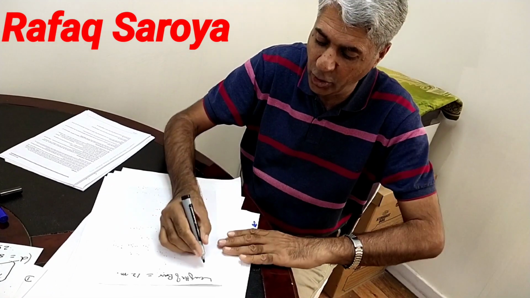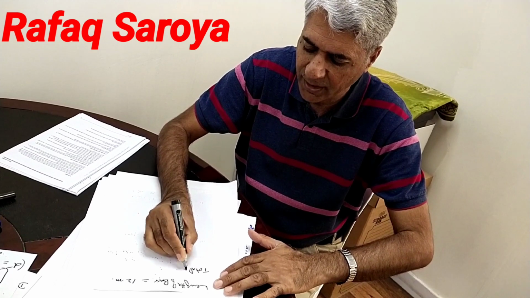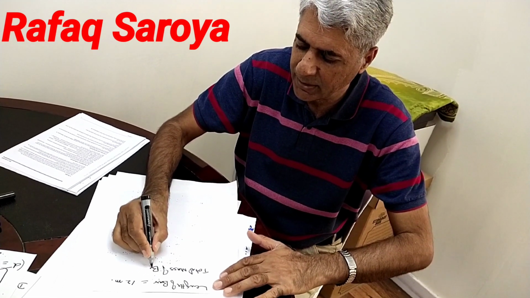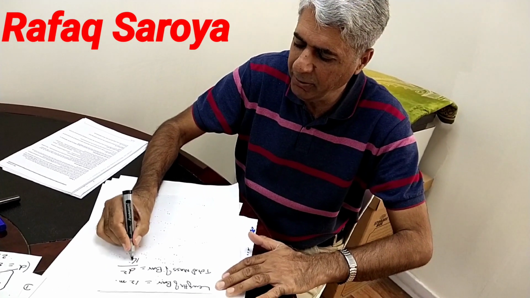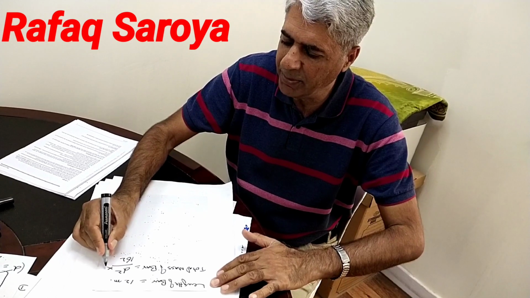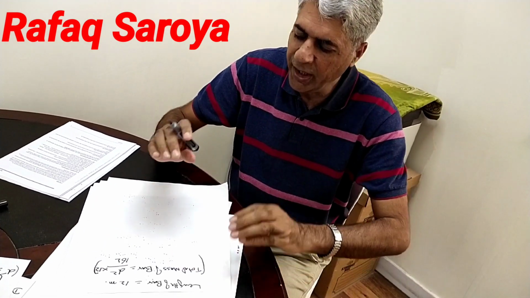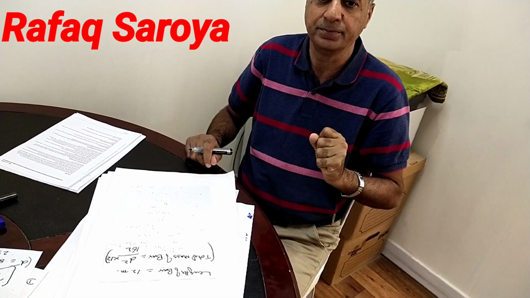If we have to find out the total mass of the bar, it is equal to d square divided by 162 multiplied by 12. So by using this equation, we can find out the mass of one bar.